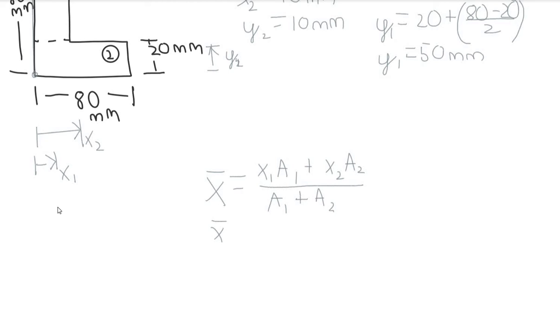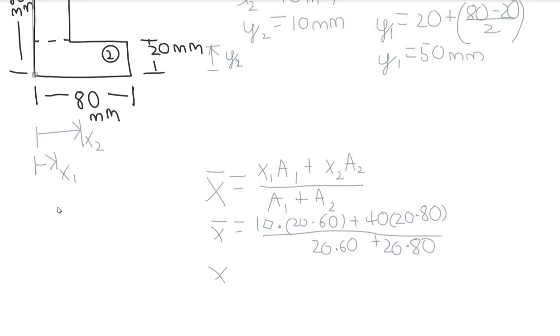So x bar is equal to 10 times 20 times 60 plus 40 times 20 times 80, all divided by 20 times 60 plus 20 times 80.